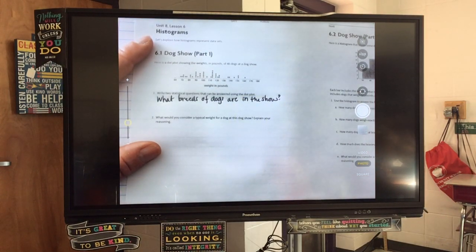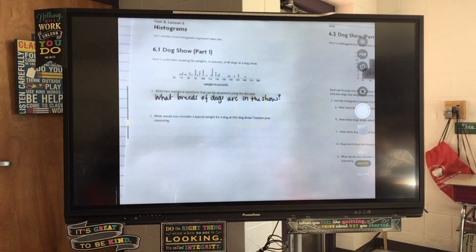A contestant asked 60 dog owners how much their dog weighed. That is not a statistical question. That is a statement. You said 60 dog owners, or 40? That doesn't even have anything to do with it, you're just using the data right here.